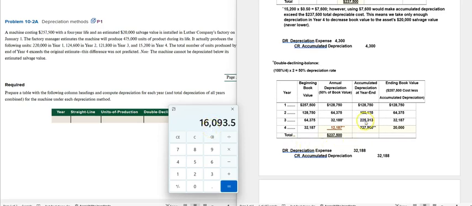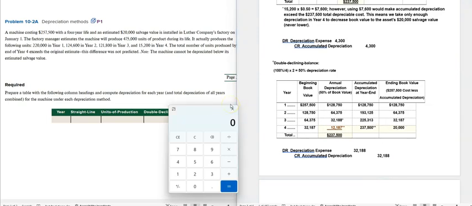That would cause my accumulated depreciation to go up a little bit too high, causing the book value to fall below 20. So just like in the units of production method, when we get to the last year in the declining balance method, ignore the formula. Just compare what the current book value is to what we want the book value to be.